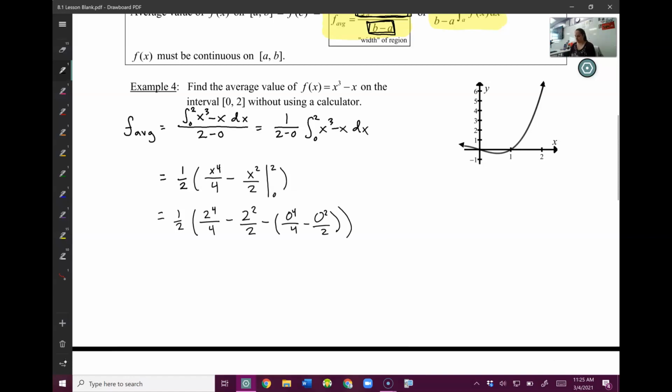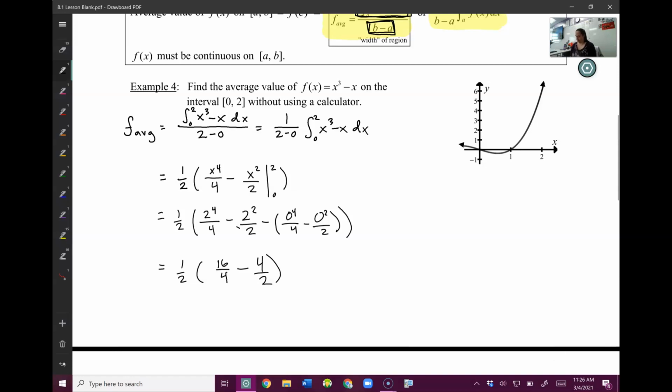And we can simplify that out to get 1/2. This right here is going to end up being 16/4. That right there is going to be 4/2. Sorry, pointed to the wrong one. That right there is my 4/2, and that all is going to be 0.